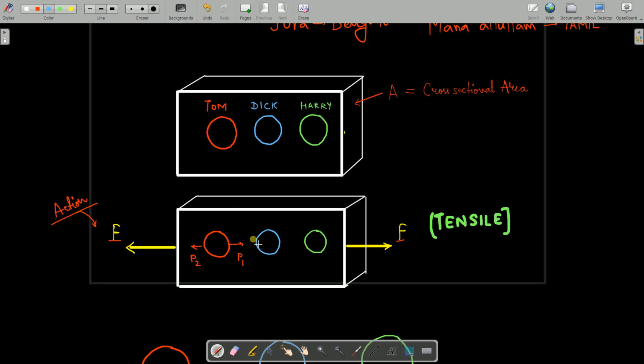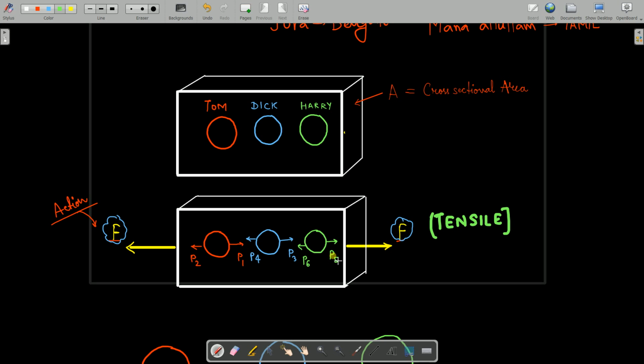Similarly, another molecule, just the neighbor of Tom, which is Dick, will also apply forces, let's say P3 and P4. P3 is the opposite resistance due to this F, and P4 is the opposite resistance due to this F. Similarly, another neighbor, Harry, will also apply forces, let's say P5 and P6.